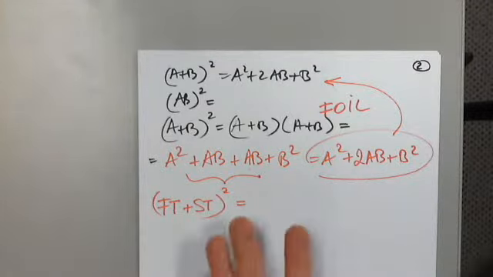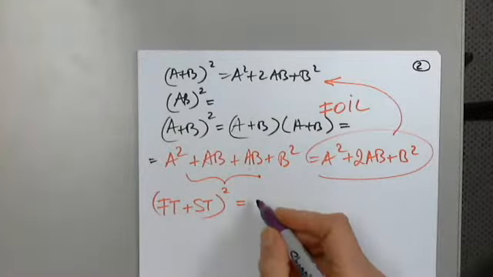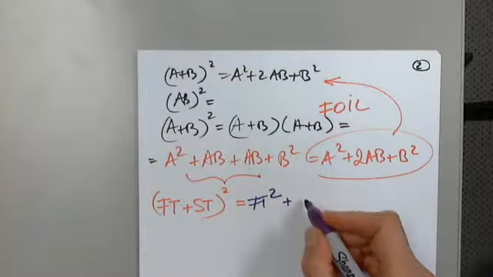Okay, can anyone tell us the pattern without foiling? What would you write? Very good. The first term squared plus? The first one and the second of the second term.